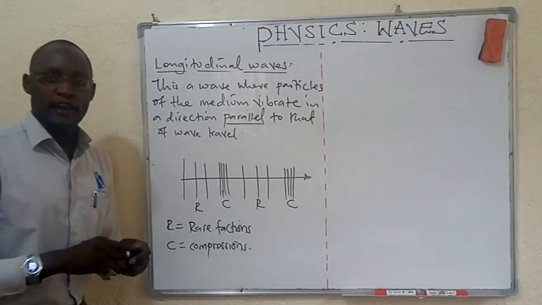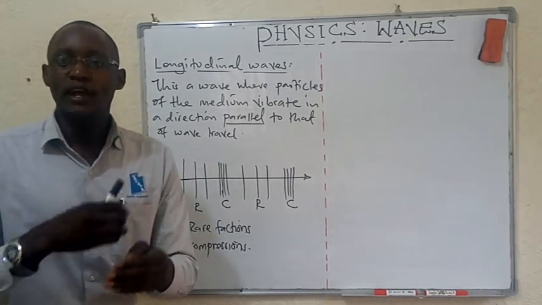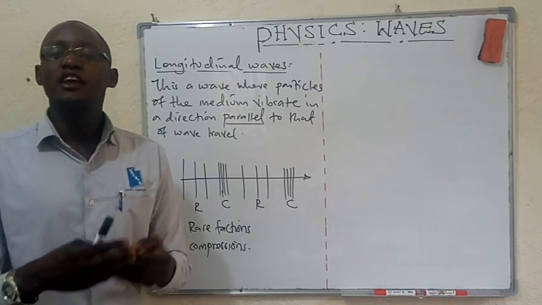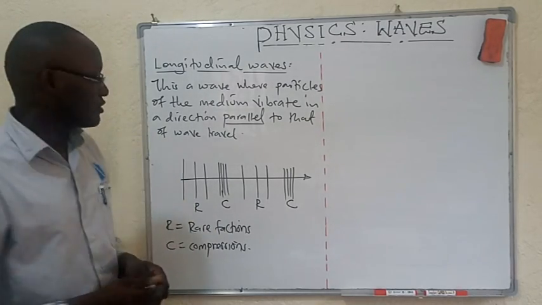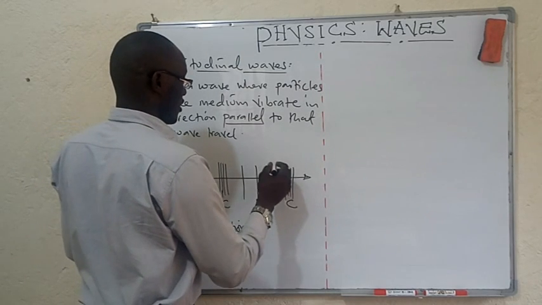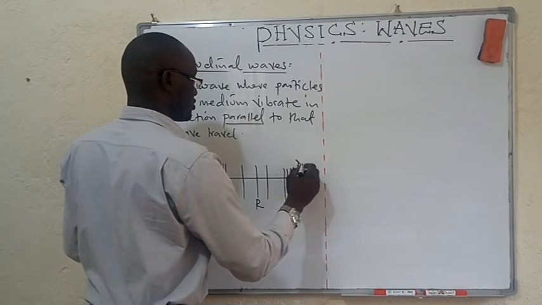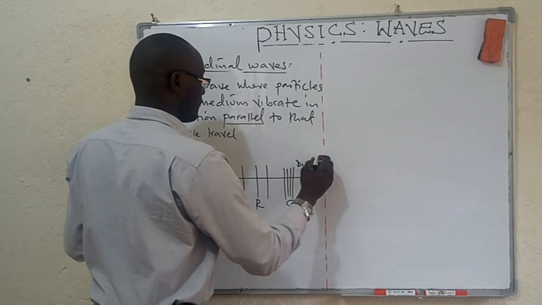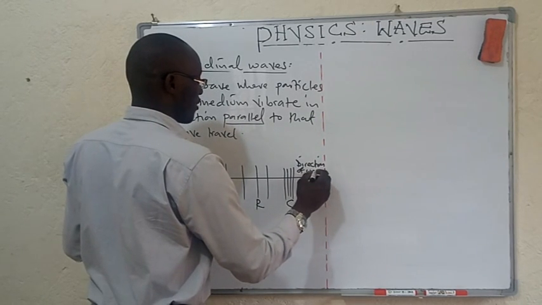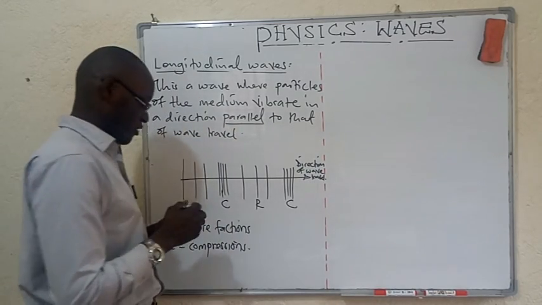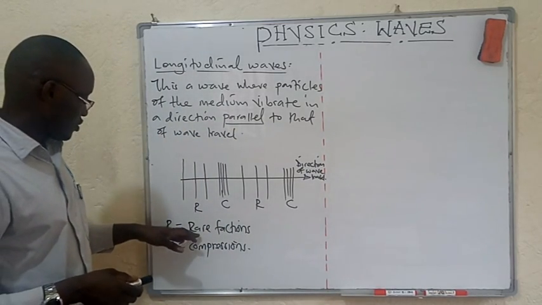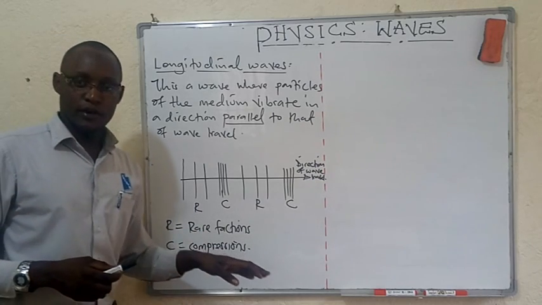So a longitudinal wave travels in the form of rarefactions and compressions. Don't forget that this is the direction of wave travel.